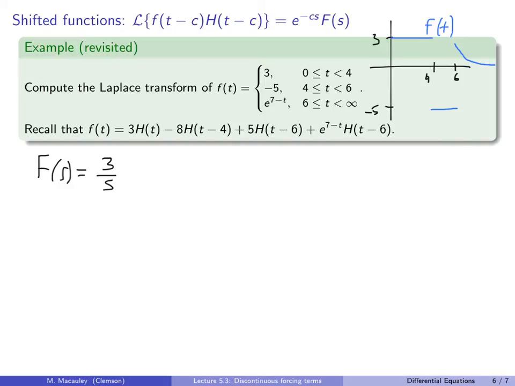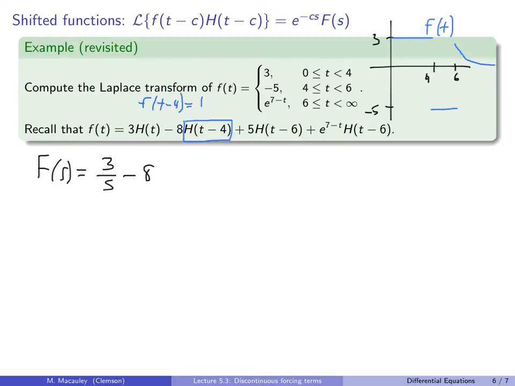Now this next one is going to be minus 8 times the Laplace transform of this. Well, this is actually in the form of this thing up here, where f of t minus 4 equals 1.